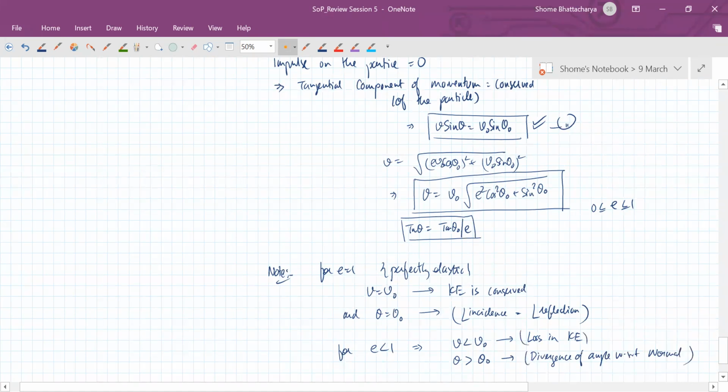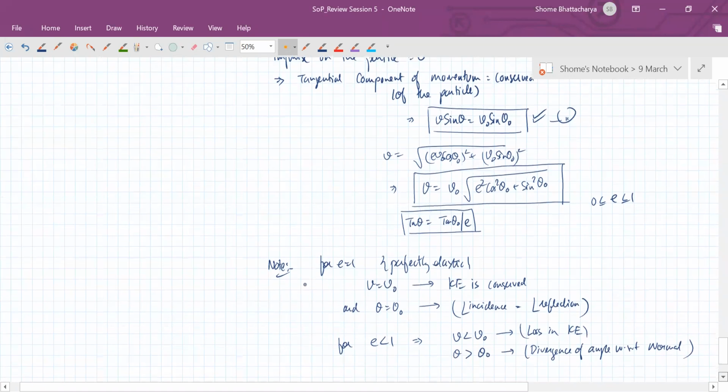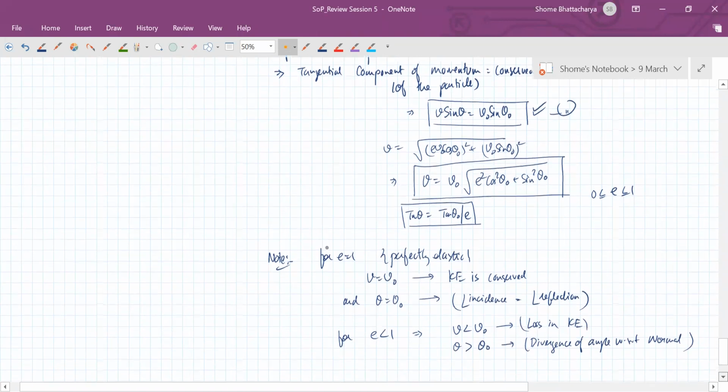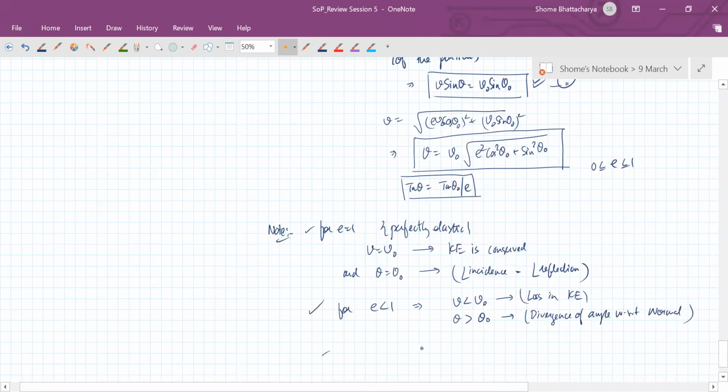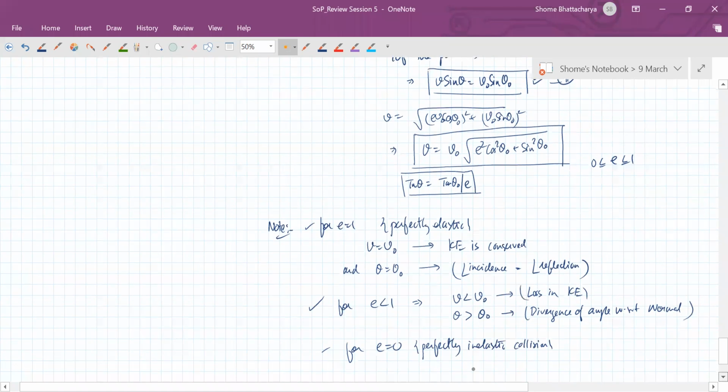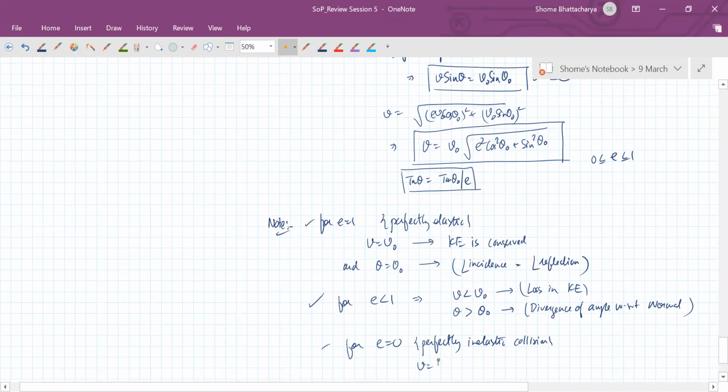And in the extreme case, for e equal to 0, which is the perfectly inelastic collision, what happens is that v becomes v naught sine theta naught and theta becomes 90 degrees.